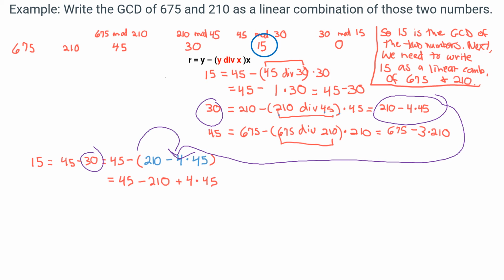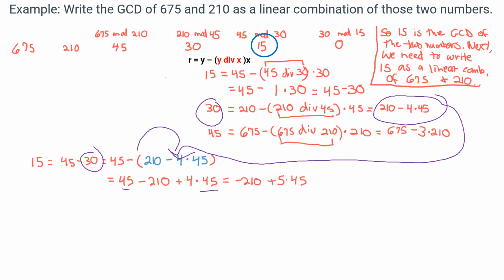We're going to have 45 minus 210, and then that minus a negative 4 becomes a positive 4. We're doing that because we see that we have 45 here that we can still combine. So we'll put those together. There's 1 45, and then there's 4 more of them. So we have 5 of those.